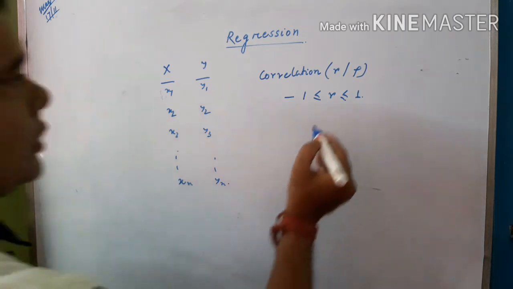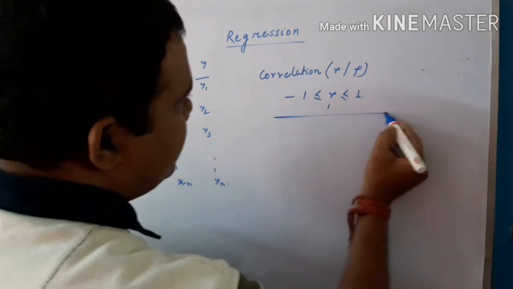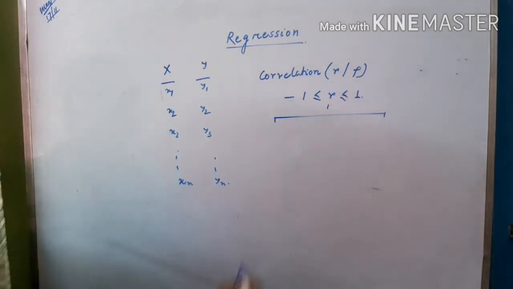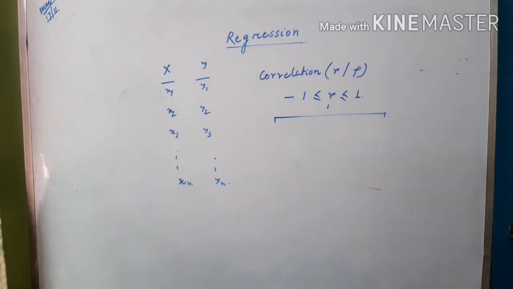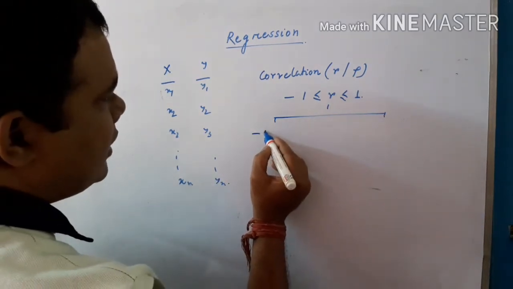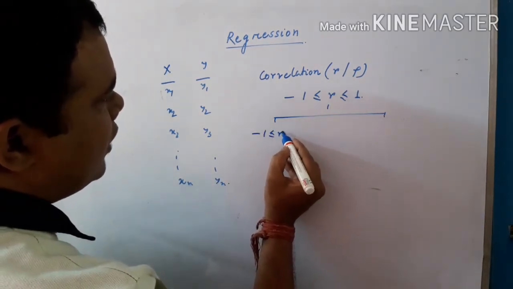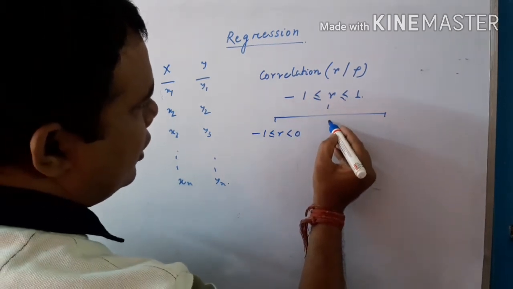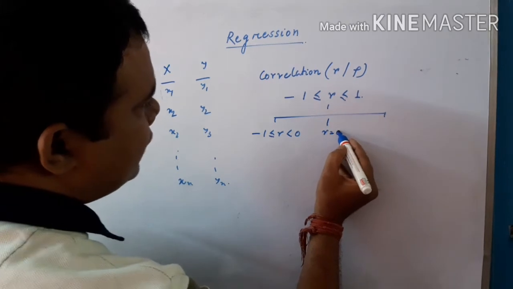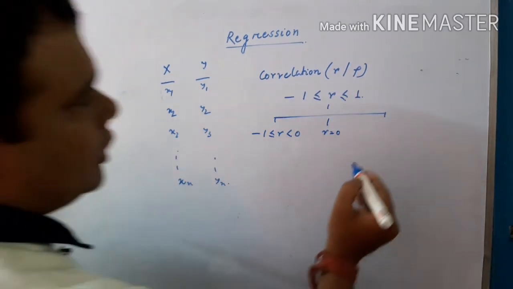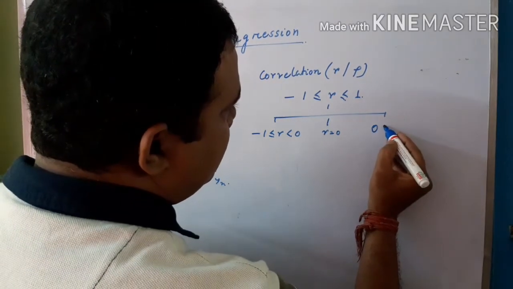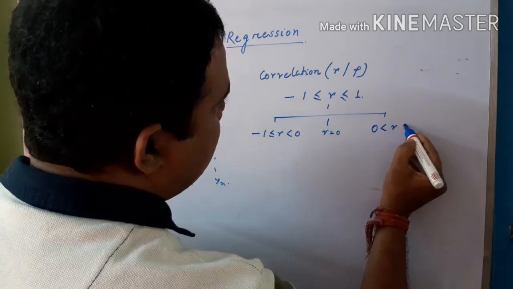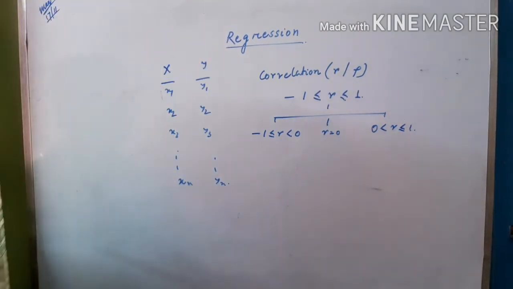This range can be divided into three parts: -1 less than or equal to R less than 0, or R equals 0, or 0 less than R less than or equal to 1.